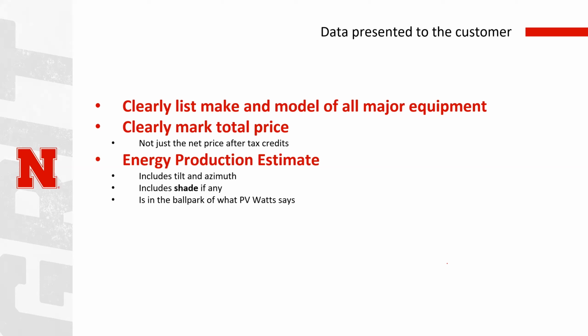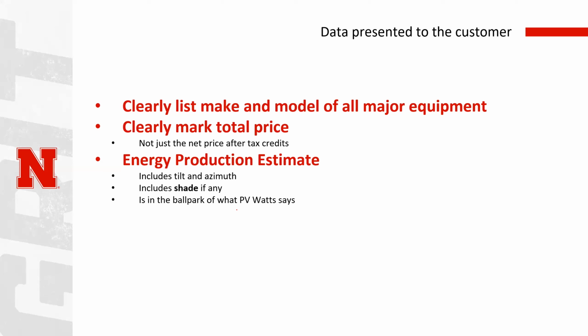You want an energy production estimate that you can go and look at. If you have shade, this PVWatts estimate assumes no shade. That website I just showed you assumes no shade at all. So it's really important that if you have shade, they took that into account. That's really critical.